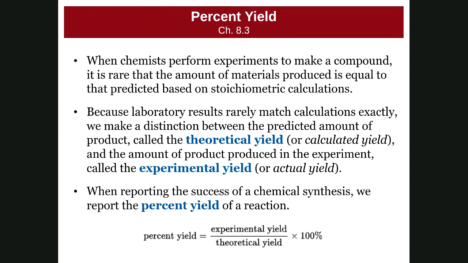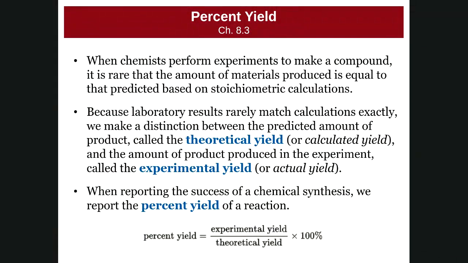You can spill your reaction and lose some of your reactants and products. You could have a precipitate, so a solid that you're forming, and then when you filter it, some of the solid goes through the filter and you aren't able to capture all of it.